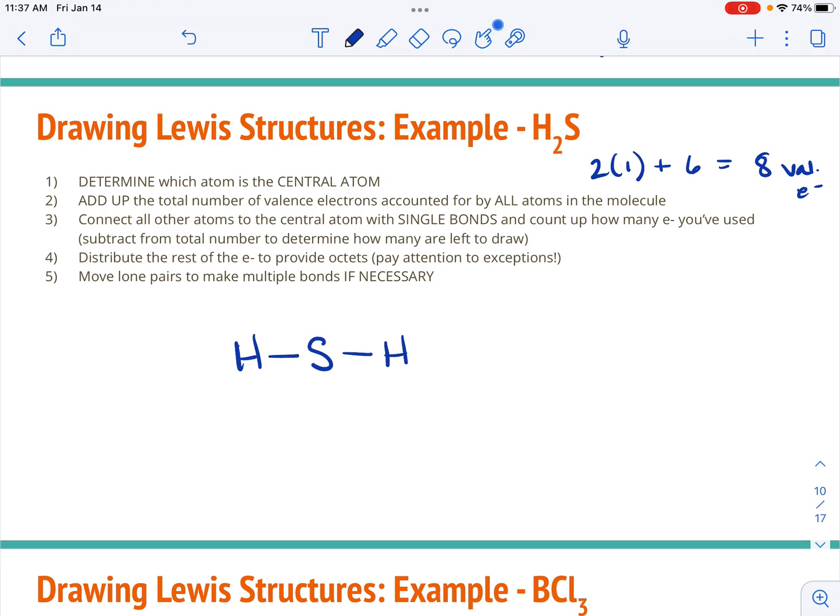I'm going to start with single bonds, and that counts as 4. I have 2 in each, so 2, 4. And now I'm going to add to the terminal atoms, except that hydrogen doesn't get them. So instead of adding to the terminal atoms, I have to add to the central atom until I get to 8. So I have accounted for right now 2, 4, and I'm going to add 6, 8 on my central atom.